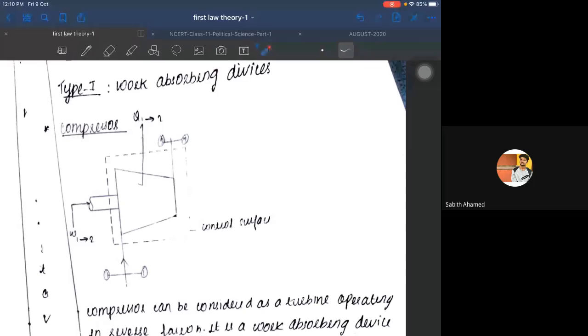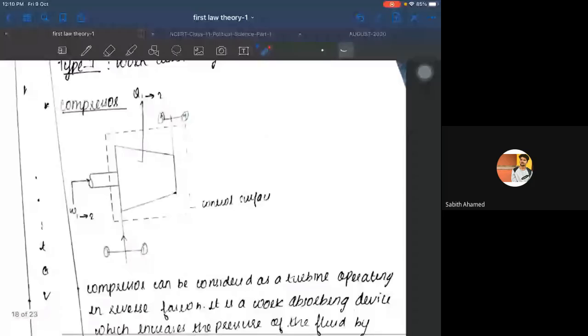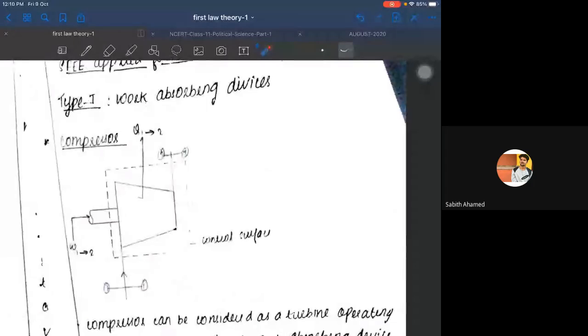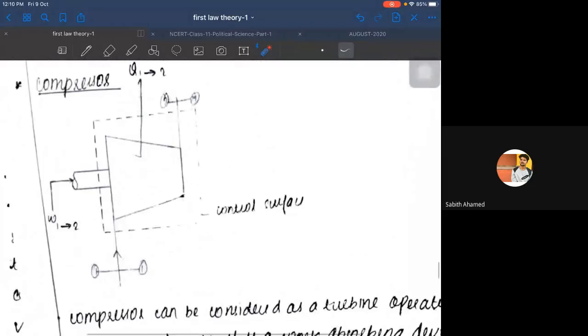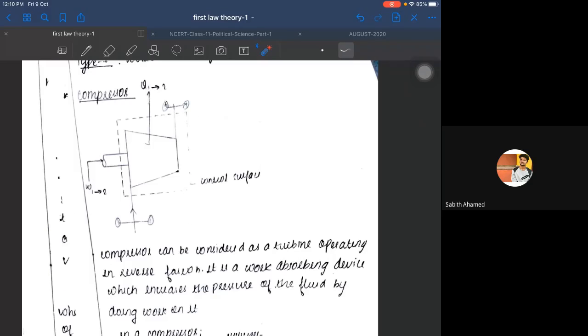Let's see. Compressor. The first expression is for the compressor. So these are all work absorbing devices. That means these devices will be working on the system, so you cannot expect work from the system. The compressor will be working on the system. So first we shall list out all the work absorbing devices. The compressor can be considered as a turbine operating in reverse fashion.